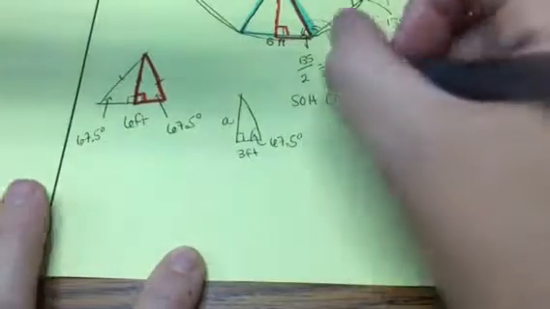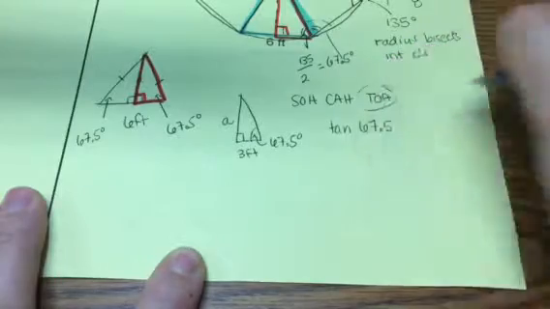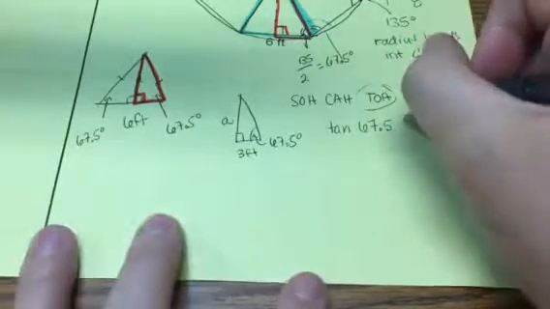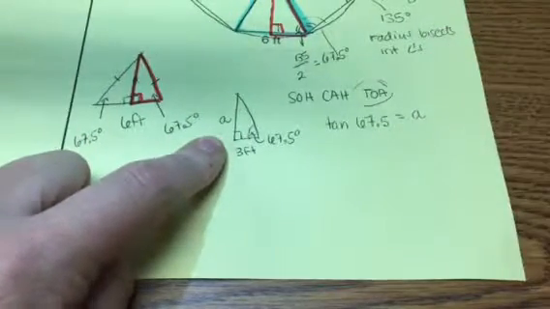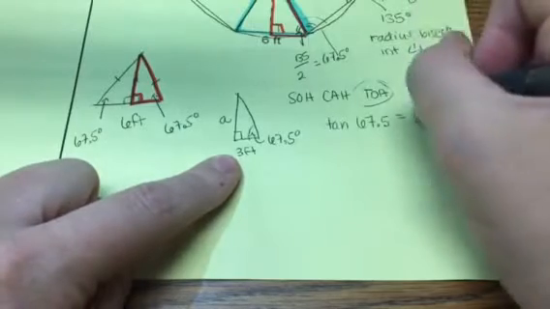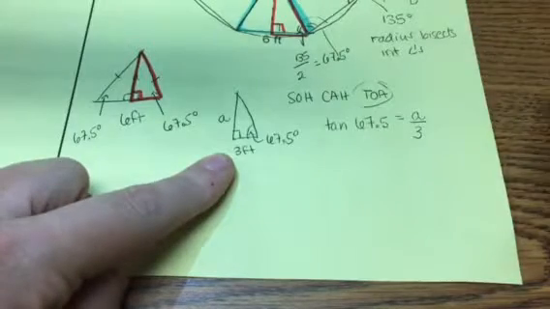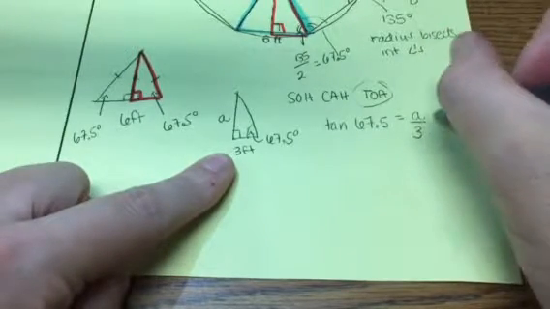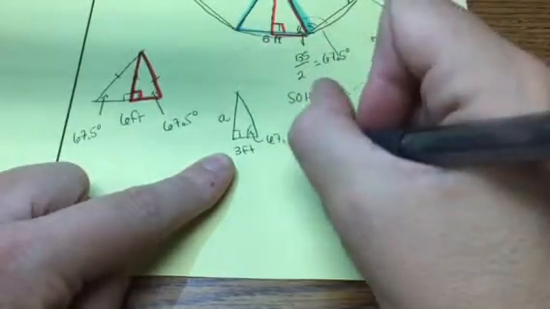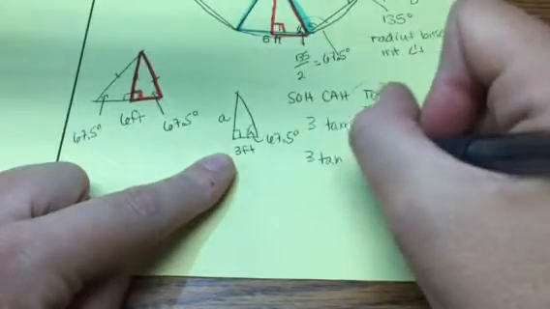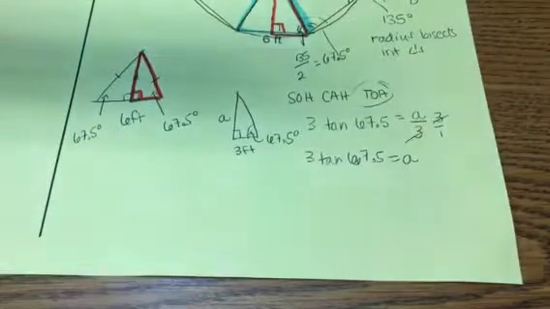So we're going to do the tangent of 67.5 degrees is equal to the opposite side. In this case, this is our apothem, so I'm going to write A for apothem, over the adjacent side, which we know is 3 feet. And we talked about this a little bit in our warm-up, but when the variable's on top, we could multiply both sides by 3 to get 3 times the tangent of 67.5 should equal the length of that apothem.